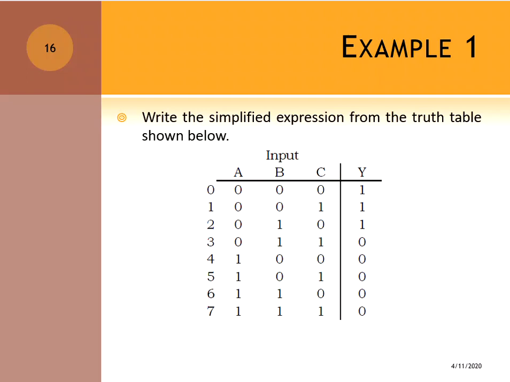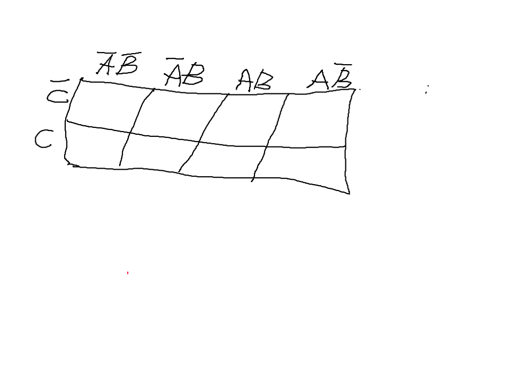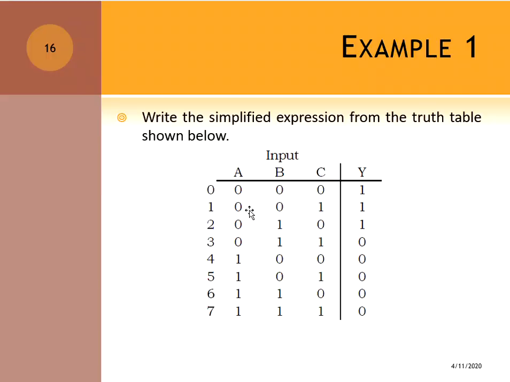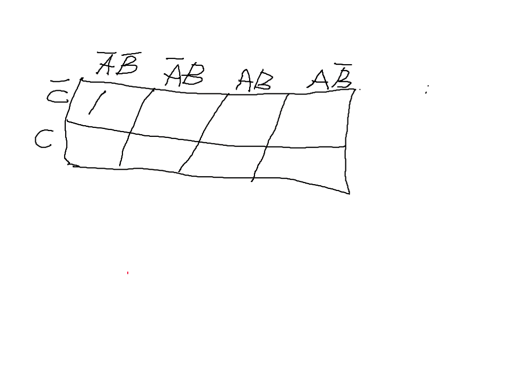So it will produce output 1 for A bar, B bar, C bar. Plot 1. Next, A bar, B bar, C, 1 also.